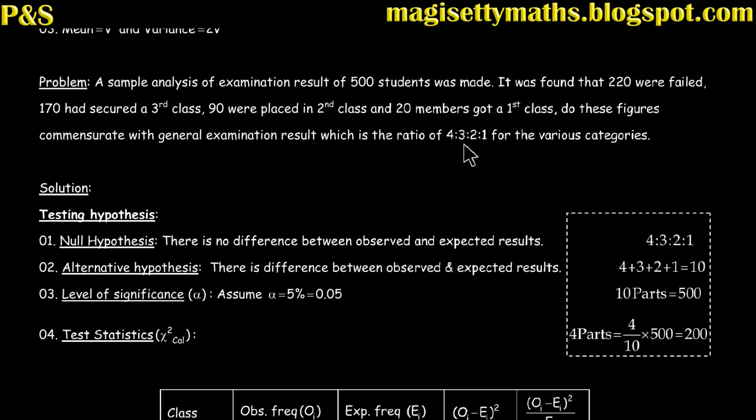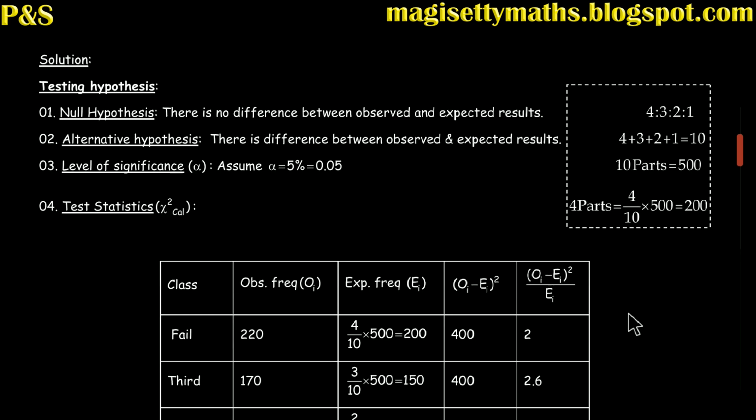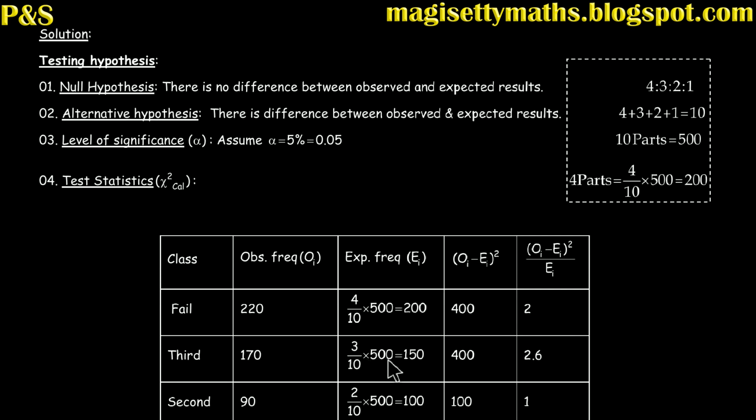Now evaluating 3 parts. If 10 parts equal 500, then 3 parts is 3 divided by 10 into 500, which equals 150. This is the number of students who got third class in the general examination.